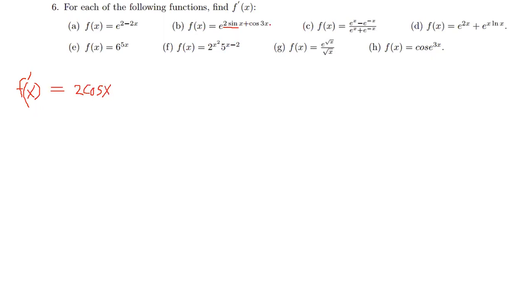And then when you differentiate this part, which is cos 3x, using chain rule, you get 3. Sorry, you're going to get a negative. When you differentiate cos, you get negative sin. That's the way it is. So we're going to get -3 sin 3x.